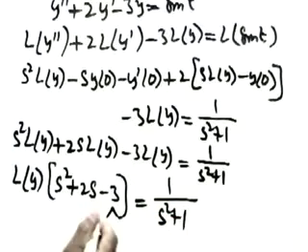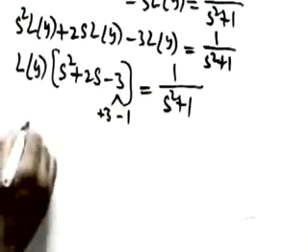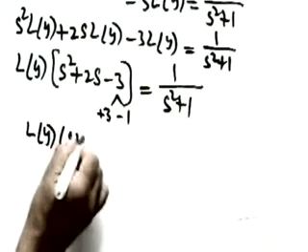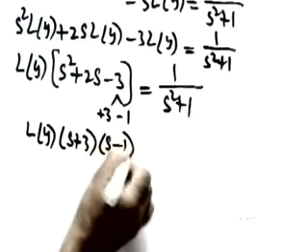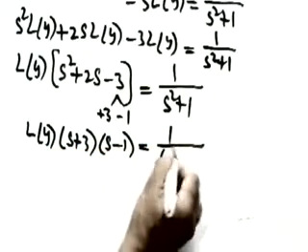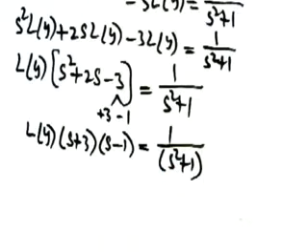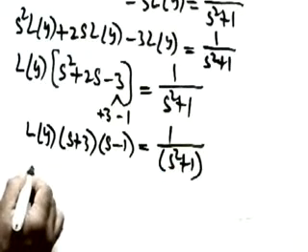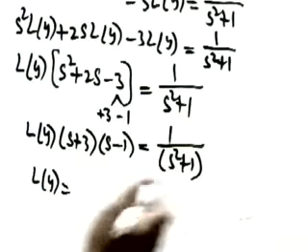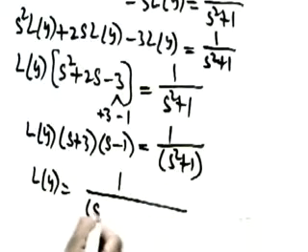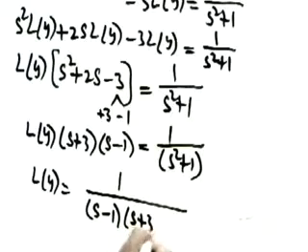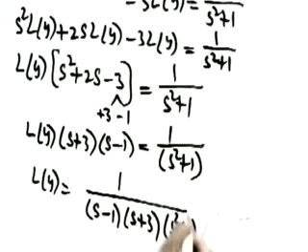We can factorize this: multiply two numbers to get minus 3, and add to get plus 2. One factor will be s plus 3 and the other factor will be s minus 1. So Laplace of y, bringing this to the other side, it will be divided: 1 divided by s minus 1 into s plus 3 into s square plus 1.